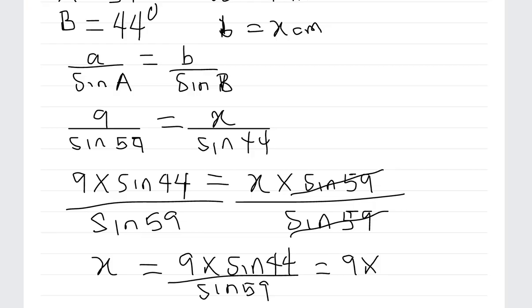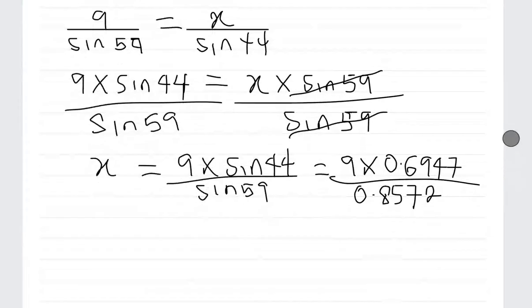That will give us 0.6947 approximately. And then sine 59 will give us 0.8572 approximately also.